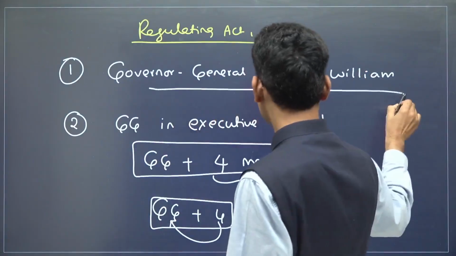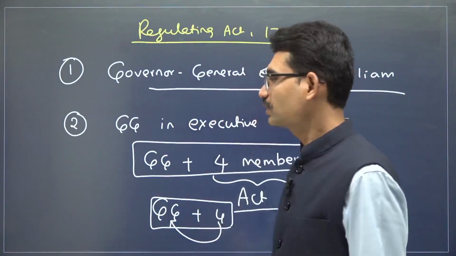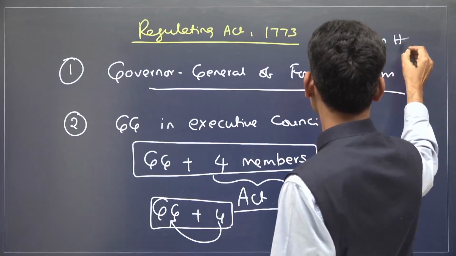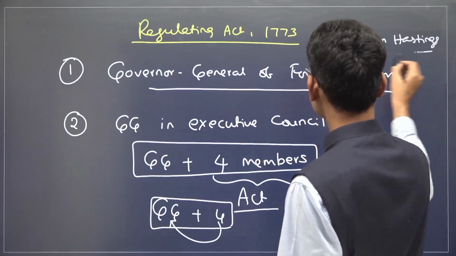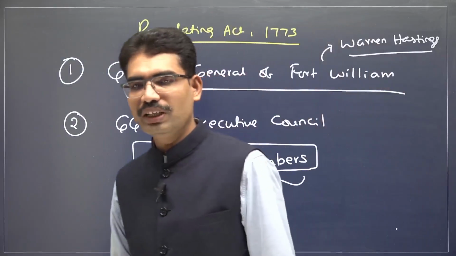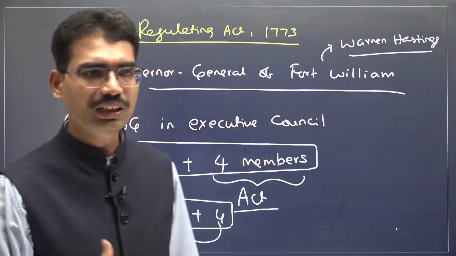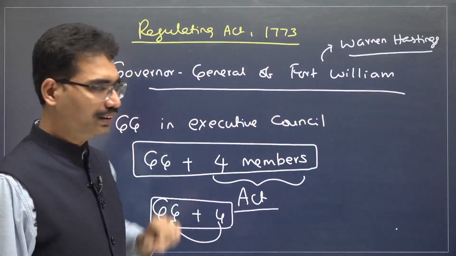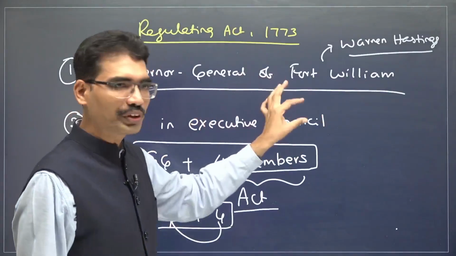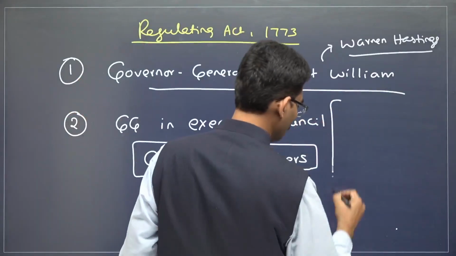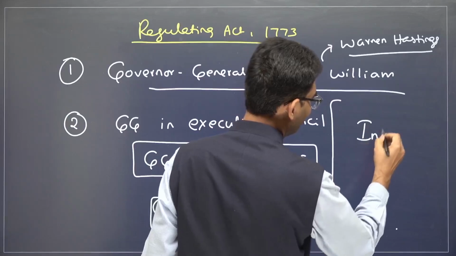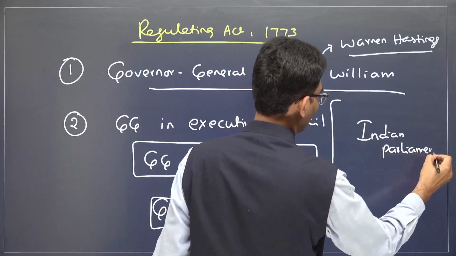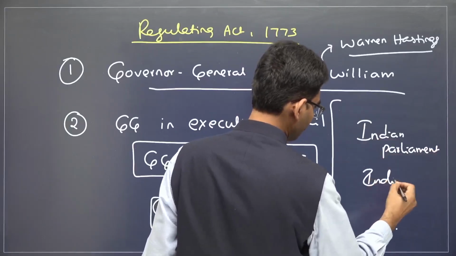Governor General of Fort William. Who is the first Governor General of Fort William? Warren Hastings. Important prelims question. Before Governor General of Fort William, he was Governor of Fort William. Governor General in Executive Council was created. Gradually, in future, this setup is going to become the Indian Parliament and Indian Cabinet.